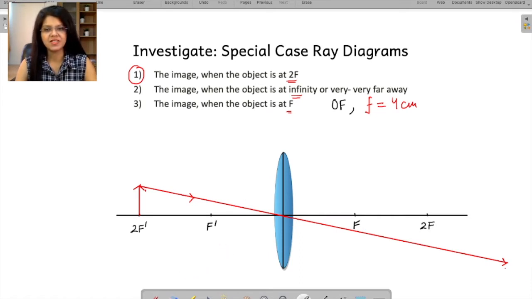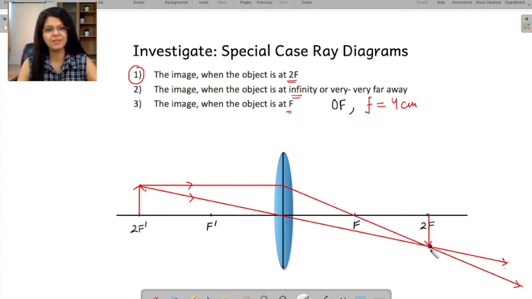Let us draw construction ray number 2, which says a ray which moves parallel to the principal axis, after passing through the lens, it moves through the focus. So it has to move through the focus. So that's your image with the arrowhead at the point of intersection, because we were finding the image of the arrowhead.